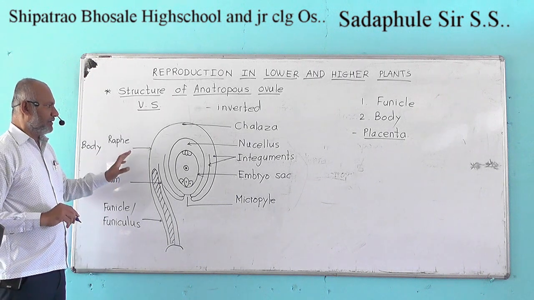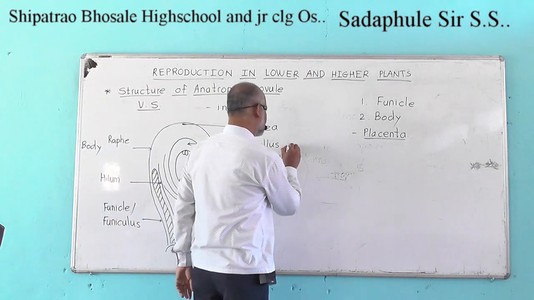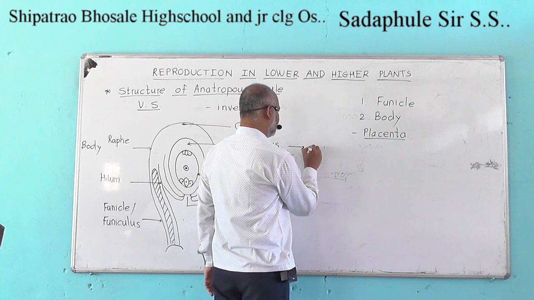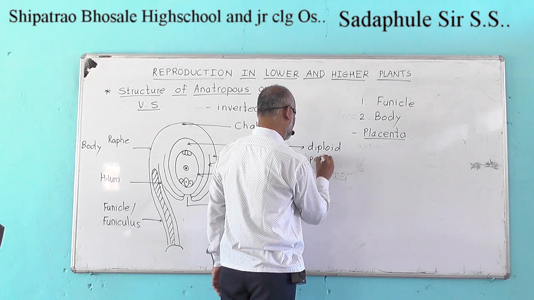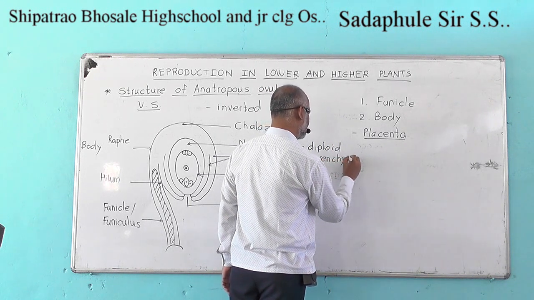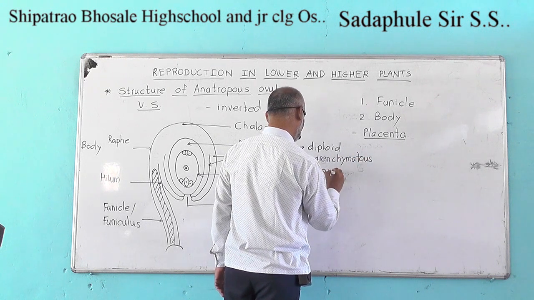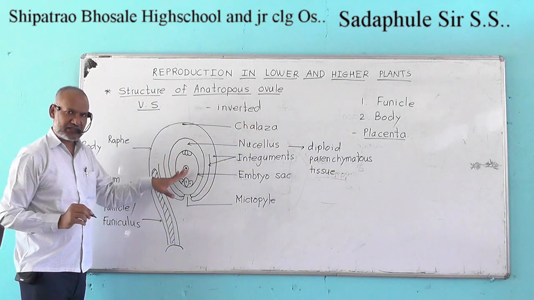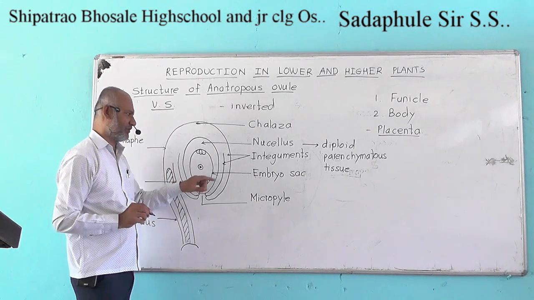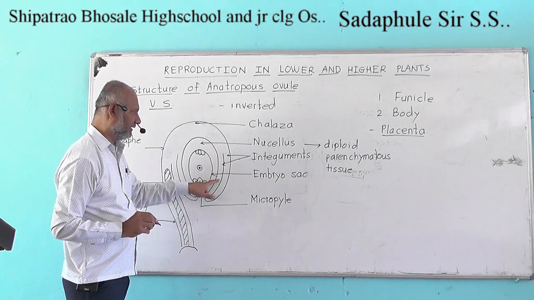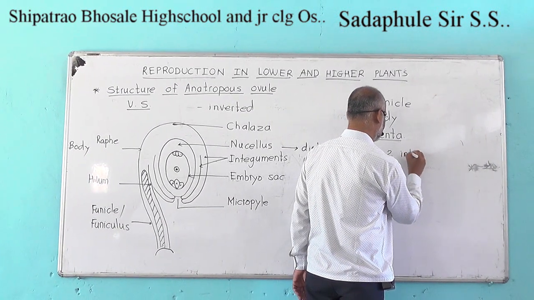Now, the major part of ovule is the nucellus. This nucellus shows presence of diploid parenchymatous tissue. The nucellus is covered by two protective coverings which are termed as integuments, that is outer integument and inner integument.